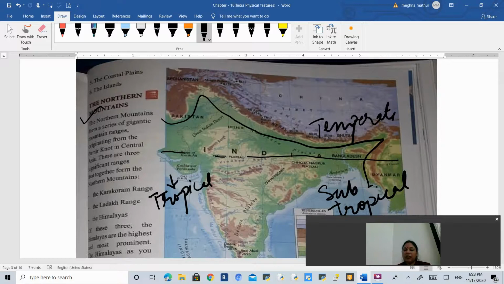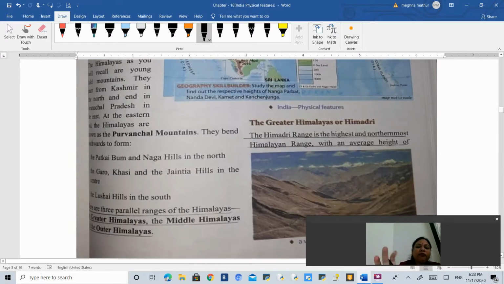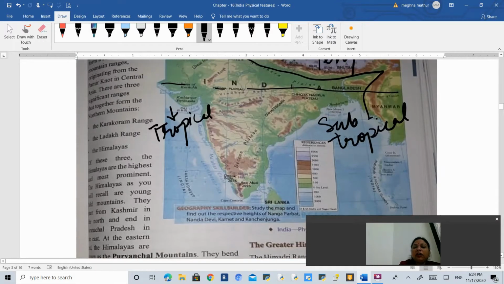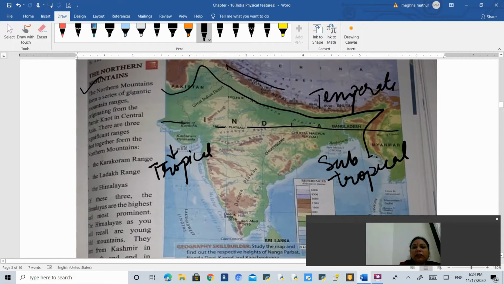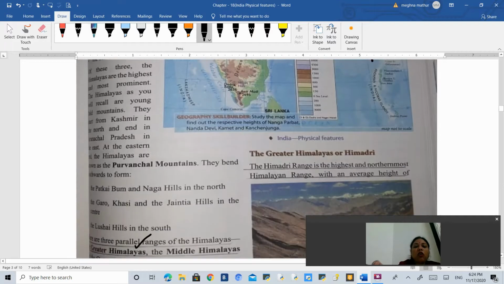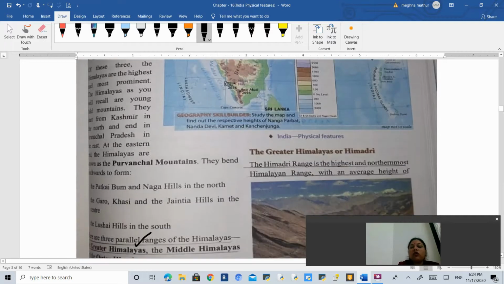That is why it is called the Indian subcontinent. Now we have three Himalayan ranges: the Greater Himalayan ranges, in which Mount Everest is there, then the middle mountain ranges, and then the lesser mountain ranges. They are called by different names, and we are going to talk about them one by one.